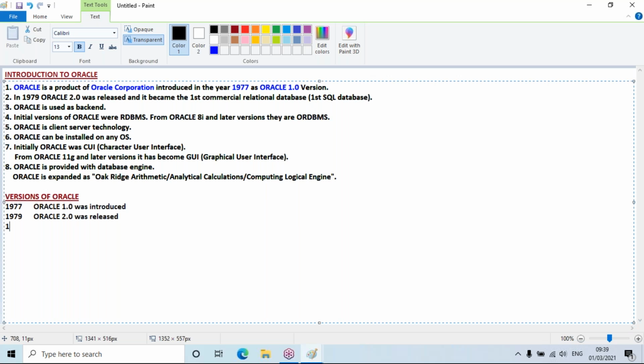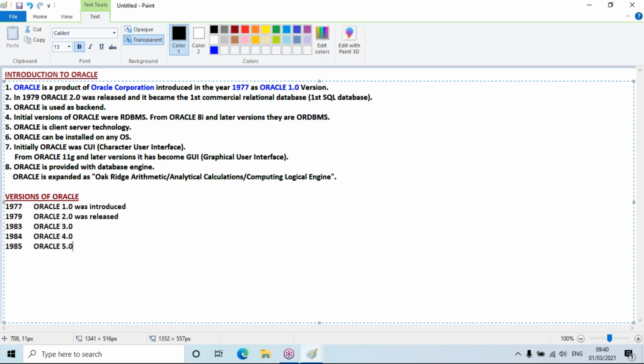Then 1983, Oracle 3.0 was introduced. Then 1984, Oracle 4.0, and 1985, Oracle 5.0. In 83, 84, 85, in three continuous years, they introduced new versions: Oracle 3.0, 4.0, and 5.0.